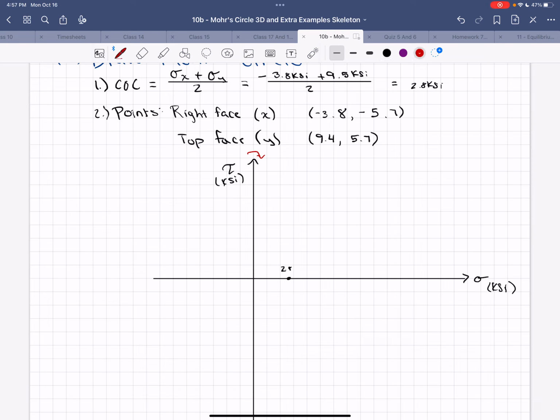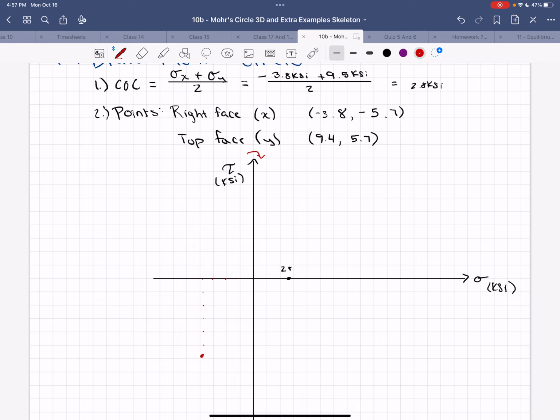So I'm going to go 1, 2, 3, 3.8. And then I'm going to go down negative 5.7. 1, 2, 3, 4, 5.7. So right about here. All right, this is my x face.